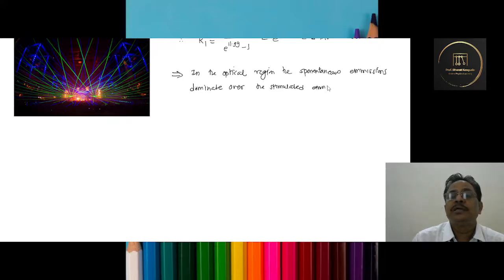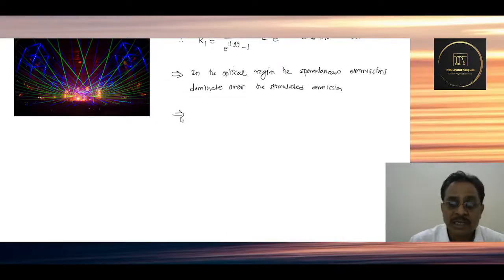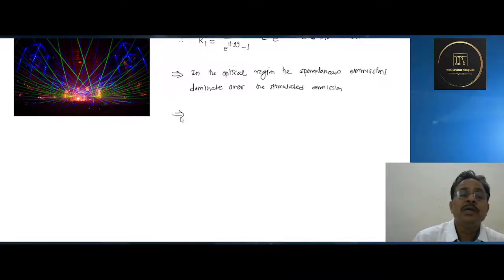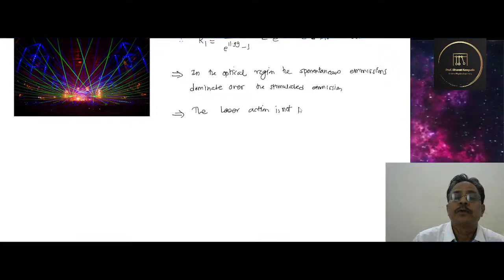And because of that, as I already said, the conditions required for a large number of radiations or large stimulated emission are not satisfied or not fulfilled, and therefore laser action is not possible. So laser action is not possible.